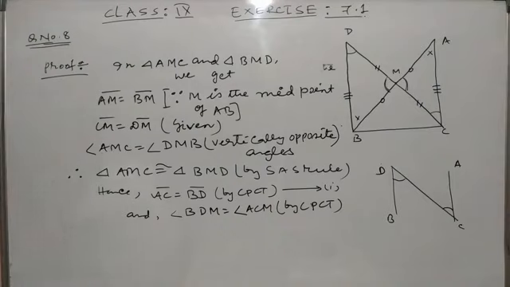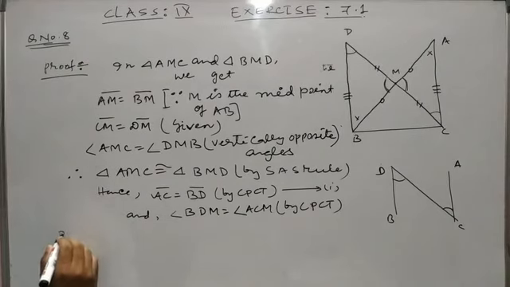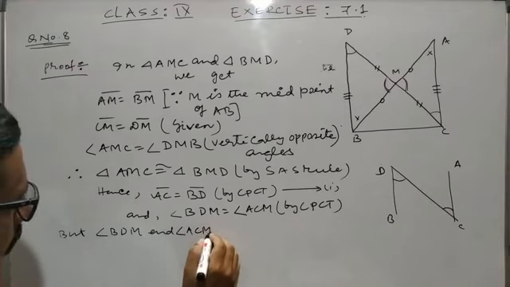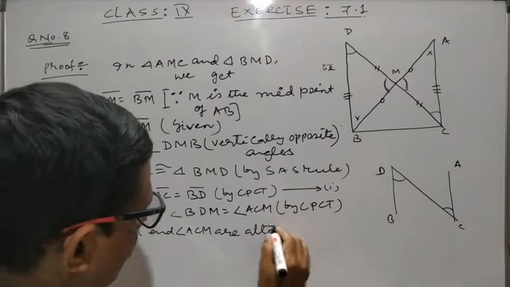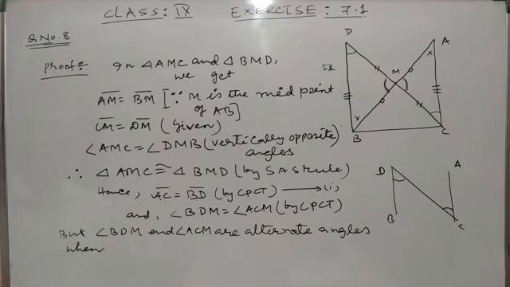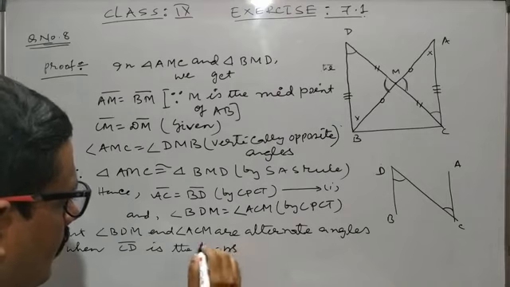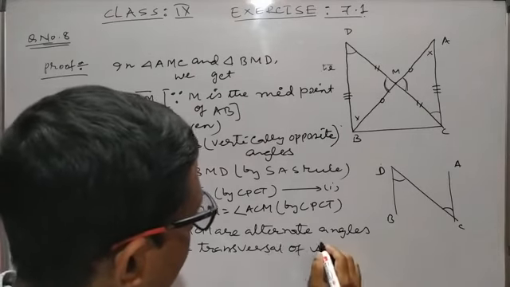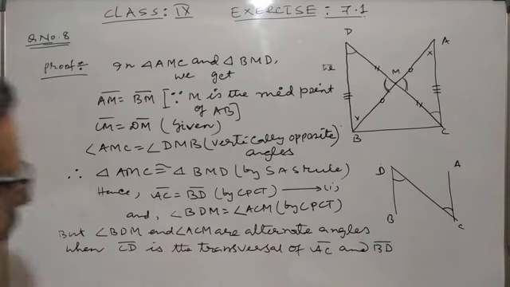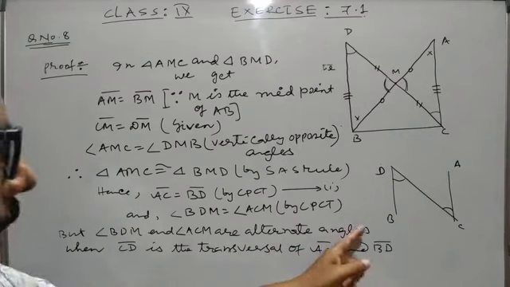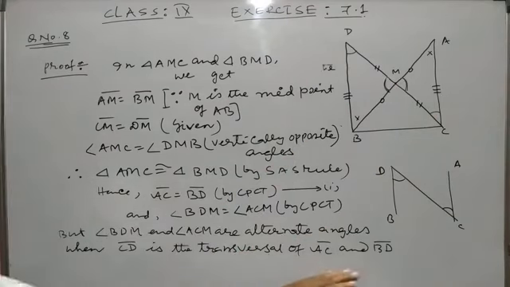So we can write now here, angle BDM and angle ACM are alternate angles when CD is the transversal of AC and BD.